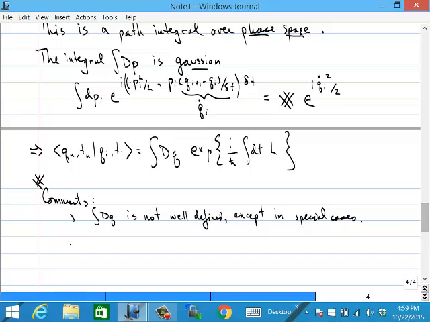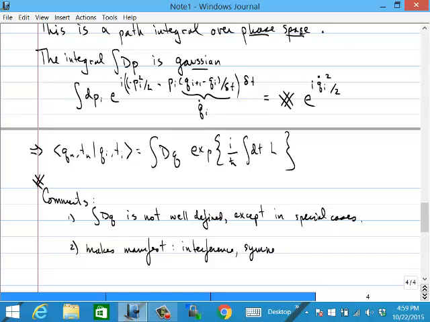But this path integral computation is very useful because it often makes manifest many sorts of concepts. For example, it makes manifest ideas involving interference, involving symmetries.